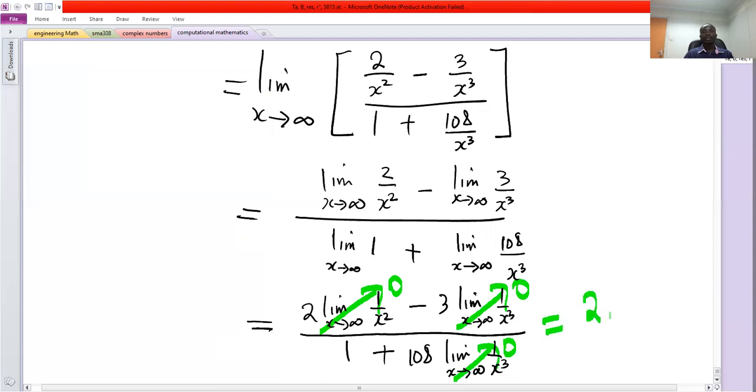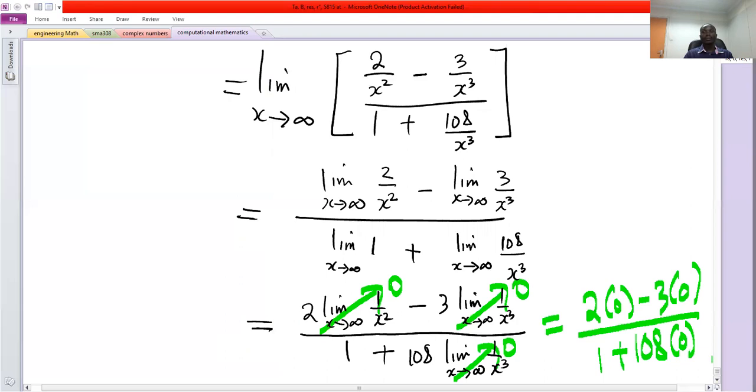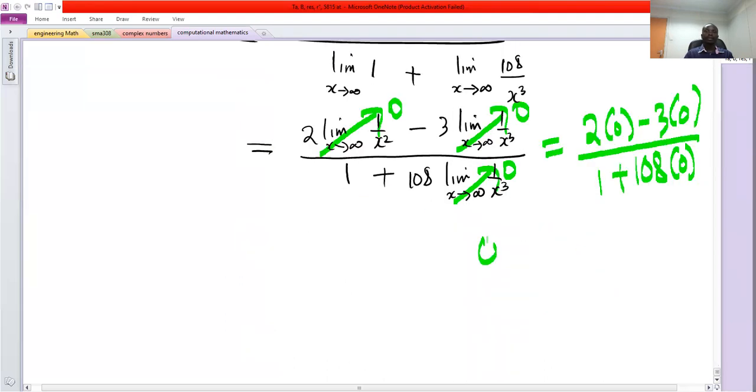So just the same as 2 times 0 minus 3 times 0 divided by 1 plus 108 times 0. And on simplification, it will be 0 over 1, which is just the same as 0. So this is our F2.